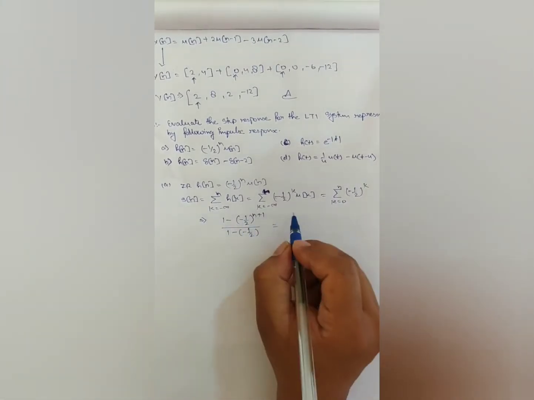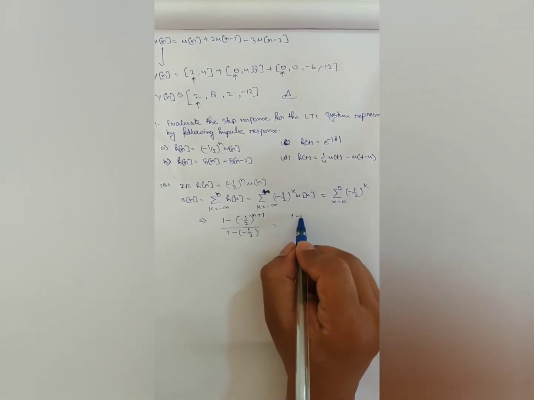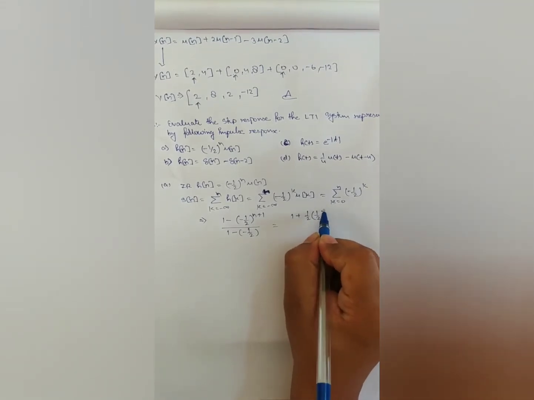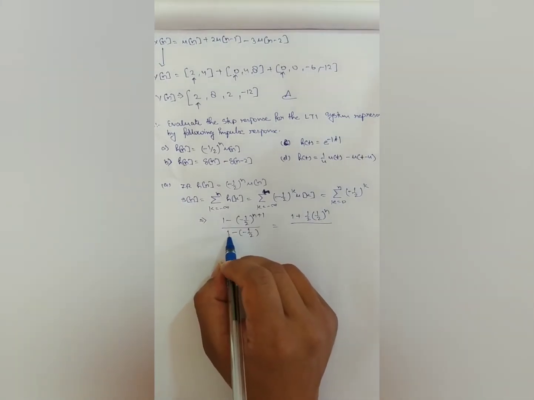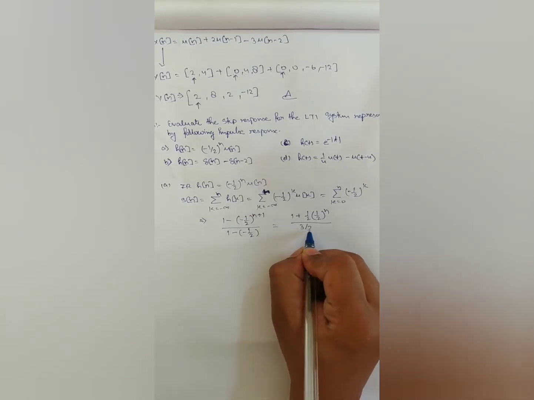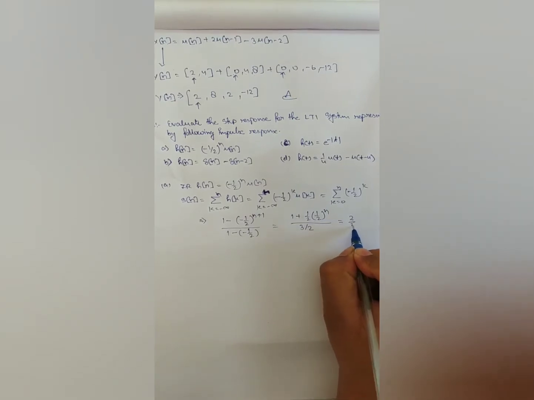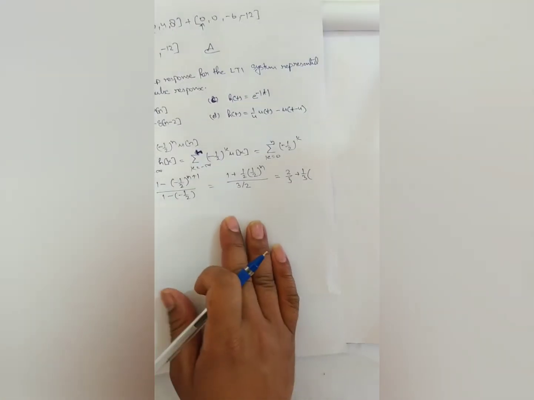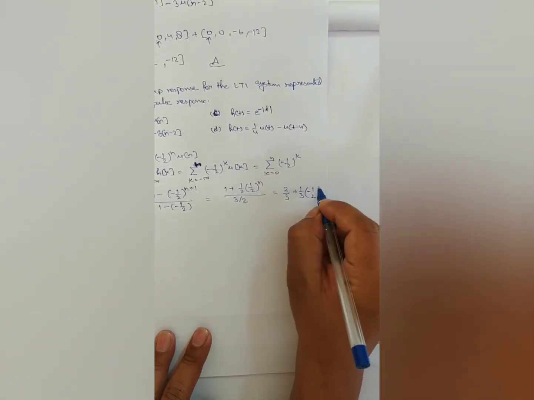It becomes 1 minus, with the minus common, plus 1 by 2 to the power n plus 1, divided by, when we open this bracket, 2 plus 1 equal to 3 by 2. Then this summation becomes 2 by 3 plus 1 by 3 times (minus 1 by 2) to the power n.